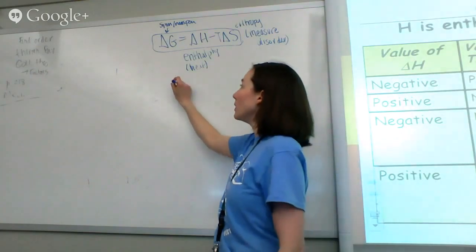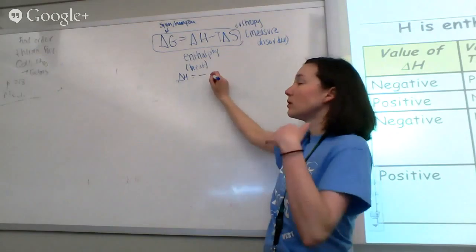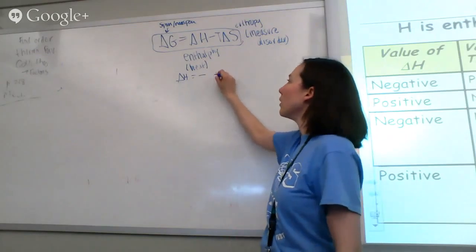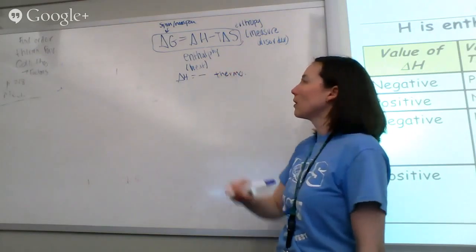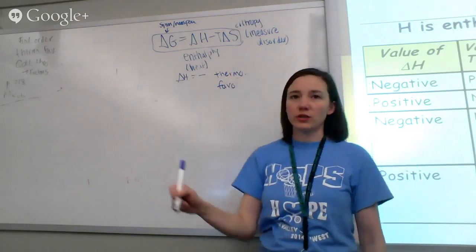Okay, so when we lose heat, delta H is negative, right? So that's usually thermodynamically favorable already when delta H is negative.